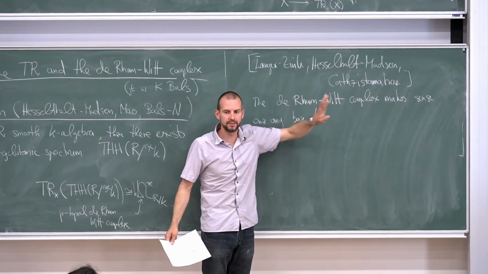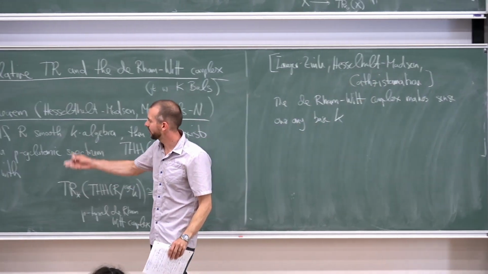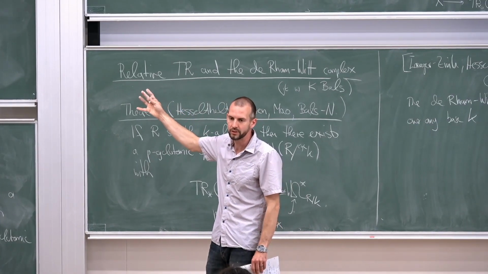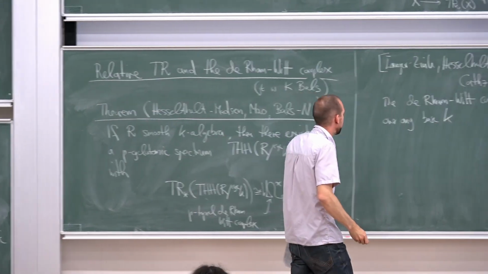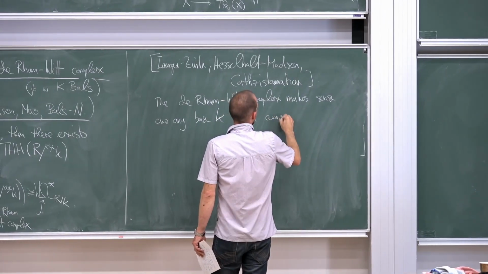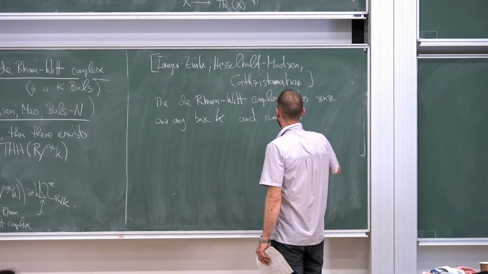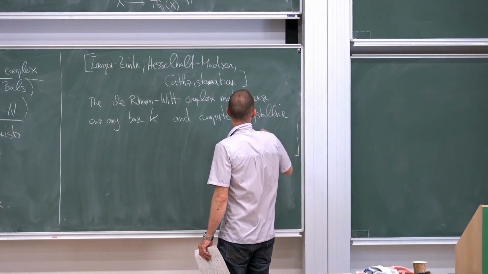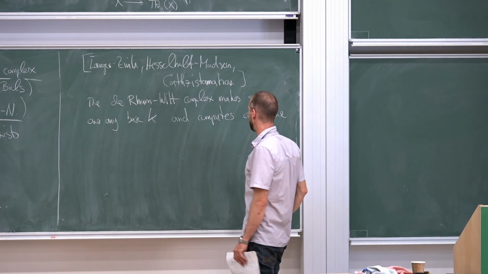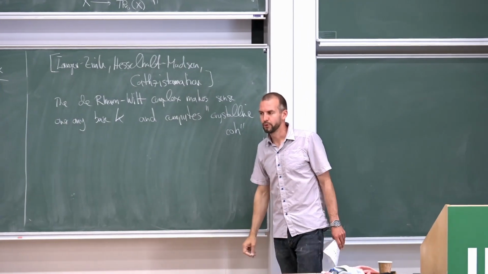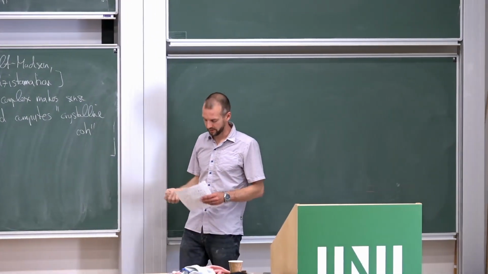So maybe unsurprisingly, my description just does make sense over every base, and you could just do it over every base. But the more important thing is that it computes the appropriate version of crystalline cohomology. I'm not going to go into what that means in full generality, but in the smooth case, it would compute that.